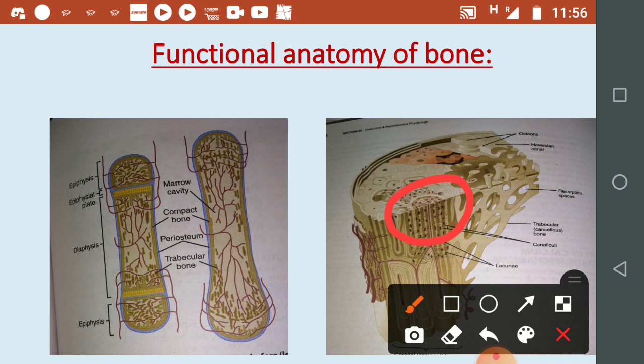And within this compact bone there are different bone cells, namely osteoblasts, osteocytes and osteoclasts. The functions of these three different cells are grossly different.